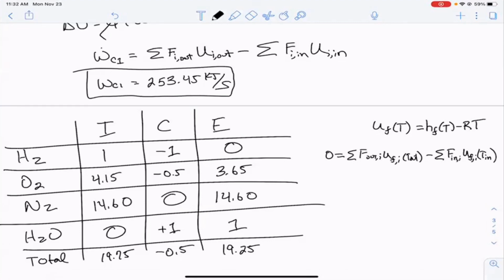And so we had labeled this in our original diagram TC1, which we just calculated. In the original diagram, we labeled that TC2.